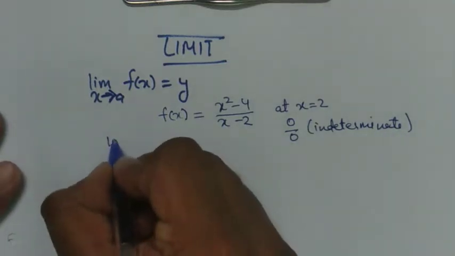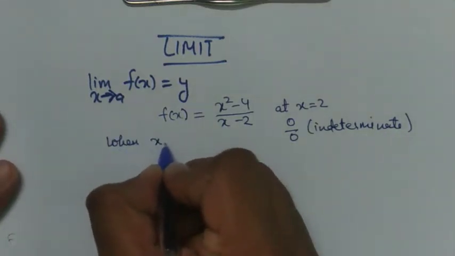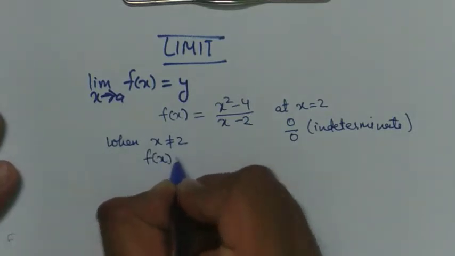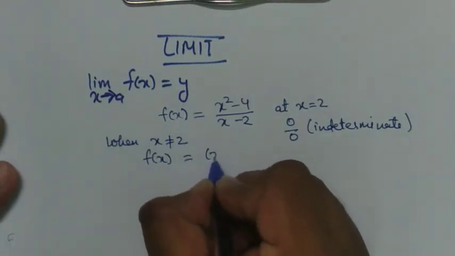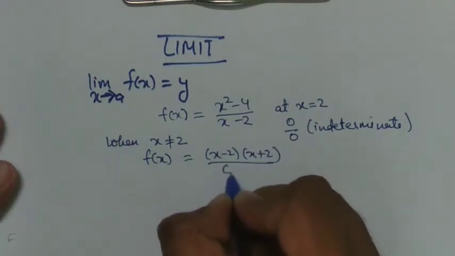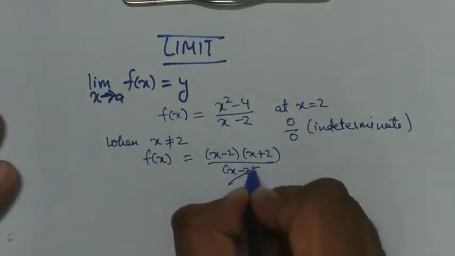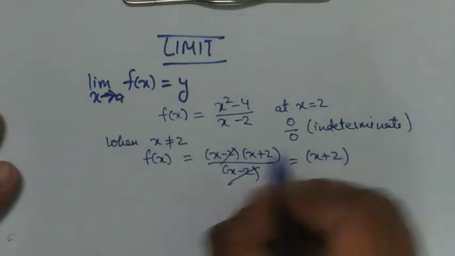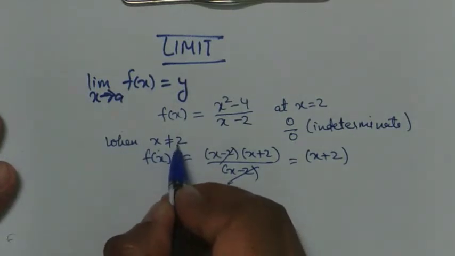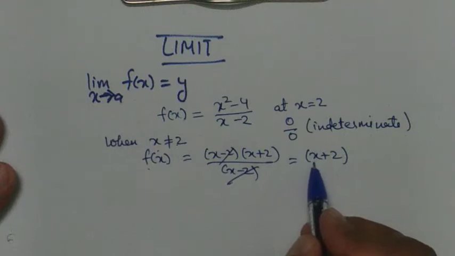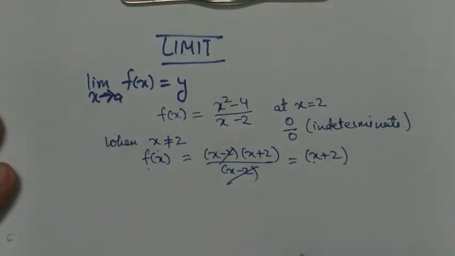So when x is not equal to 2, f(x) will be equal to x + 2.